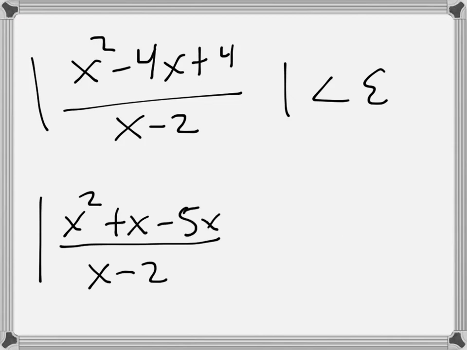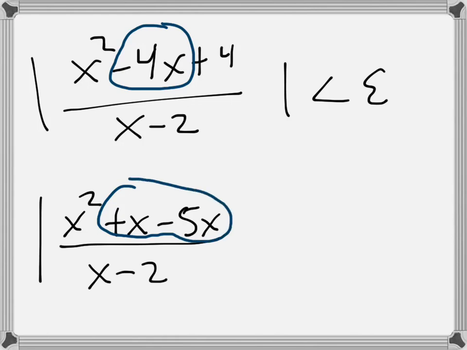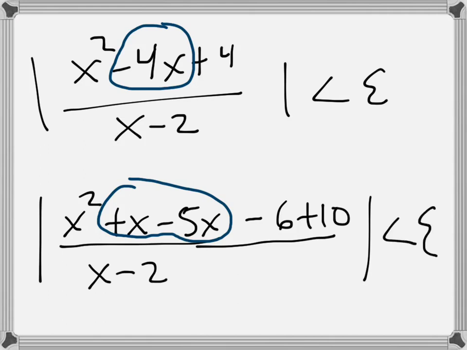I didn't change anything, I just rewrote minus 4x as two different pieces because I need those pieces back. And then plus 4 I'm going to change to minus 6 plus 10. The goal of this is that I can separate the denominator after I get the minus 5x plus 10 back.